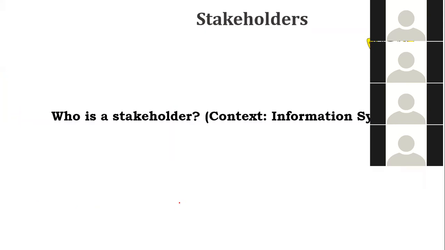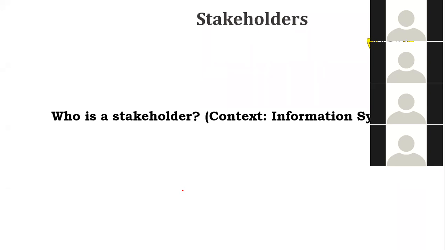So who is a stakeholder? Here, essentially, we're looking at context. Whenever we think of context, we think of something that is going to interact with the system. Whatever is going to interact with the system, that is context.